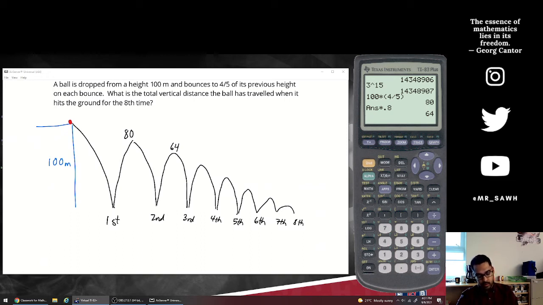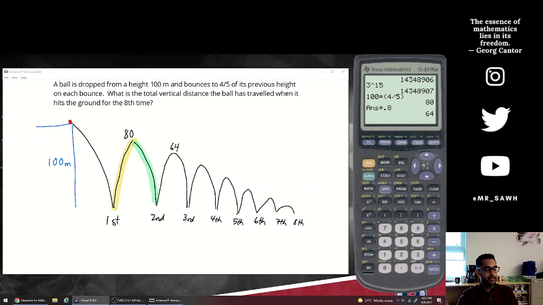Now, once it bounces, in yellow, it hits the ground, bounces up 80 meters. That is a vertical distance, but it also has to go back down. Right? It also travels that same 80-meter distance to go downward. So from the first bounce to the second, it's actually traveled a full 160 meters, 80 up, 80 down.